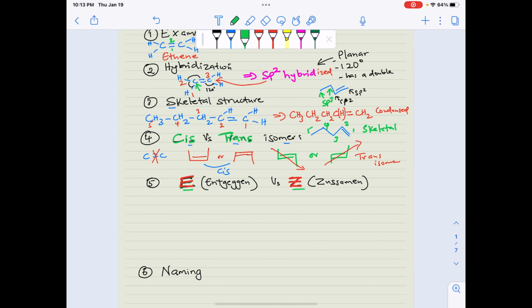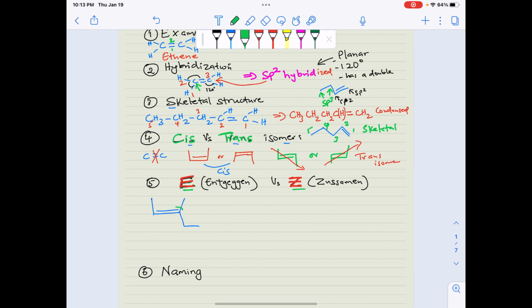Next, we look at E and Z alkenes. We saw up there that it's very easy to tell if something is cis or trans just by looking at where the groups on either side of the double bond are facing. If they're both up or down, that's cis. If one is up and the other one is down, then that becomes trans. What if you have a mixture? So for example, you have an alkene here like that, and then you have that.